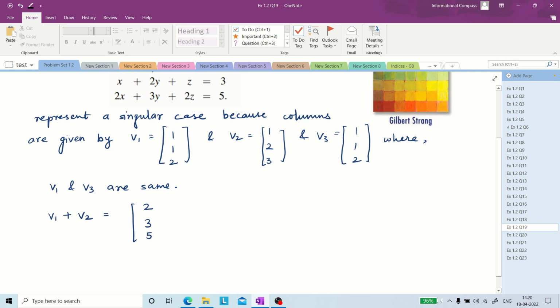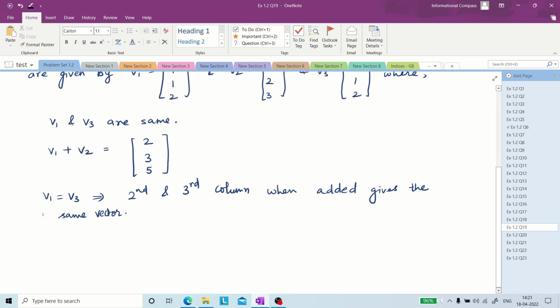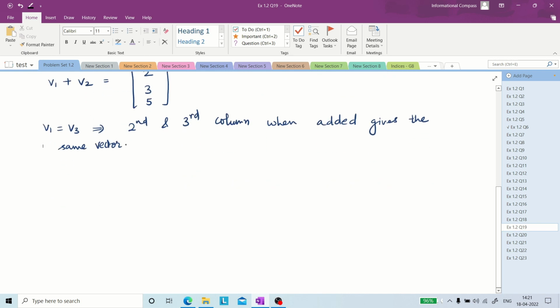Now since V1 is equal to V3, we can also have that second and third column when added gives the same vector.